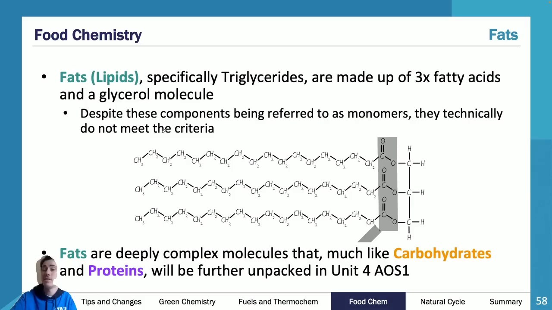Really interesting concept. But this is what's most important, is this here. Now, this is found in your data book, it's figure 13. So if I scroll up and find figure 13, there it is. Figure 13, Energy content of food groups. What you want to know for this topic is that each of these molecules has a different energy content per gram.